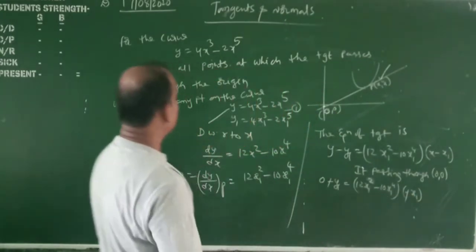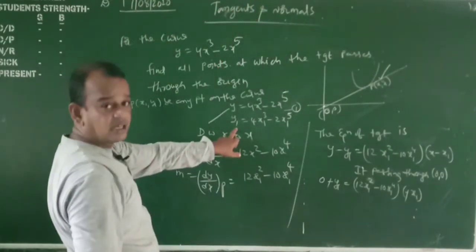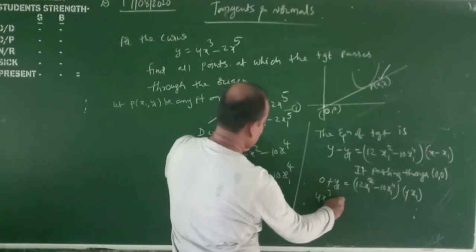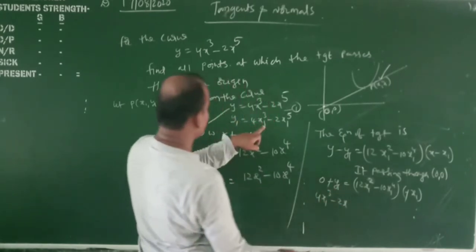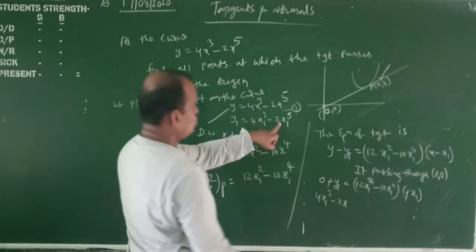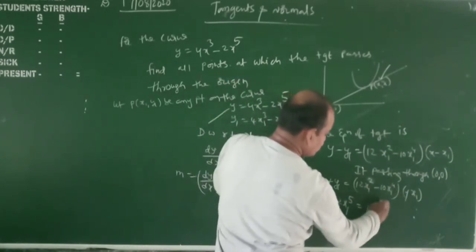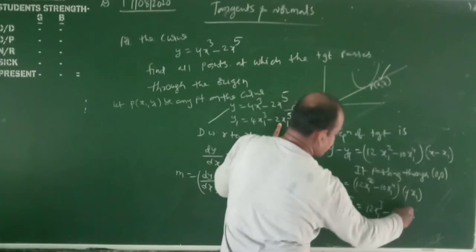Now what is the y1 value? Clearly y1 is 4x1 cube minus 2x1 power 5, which equals 12x1 cube minus 10x1 power 5.